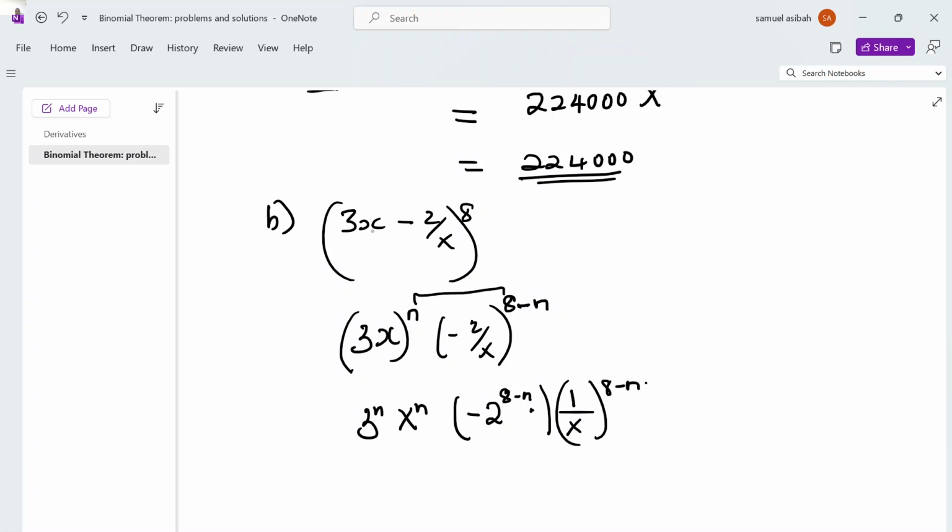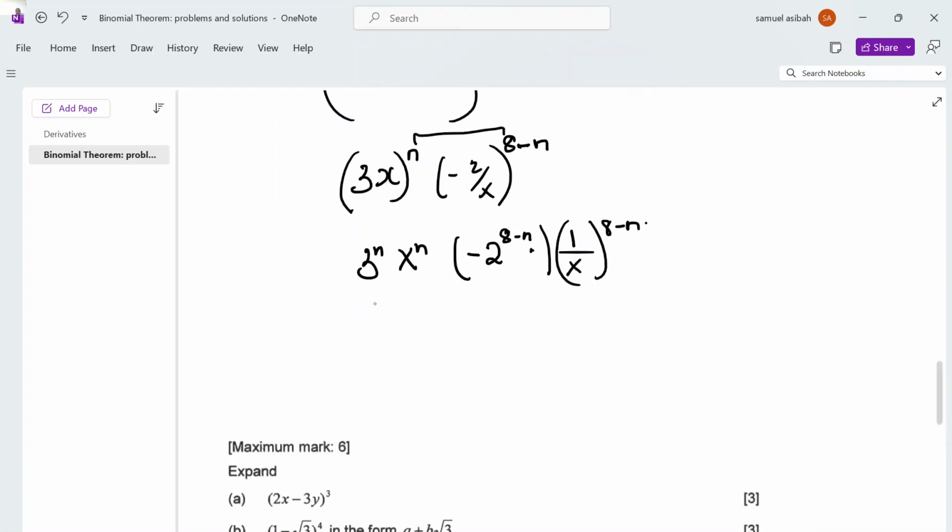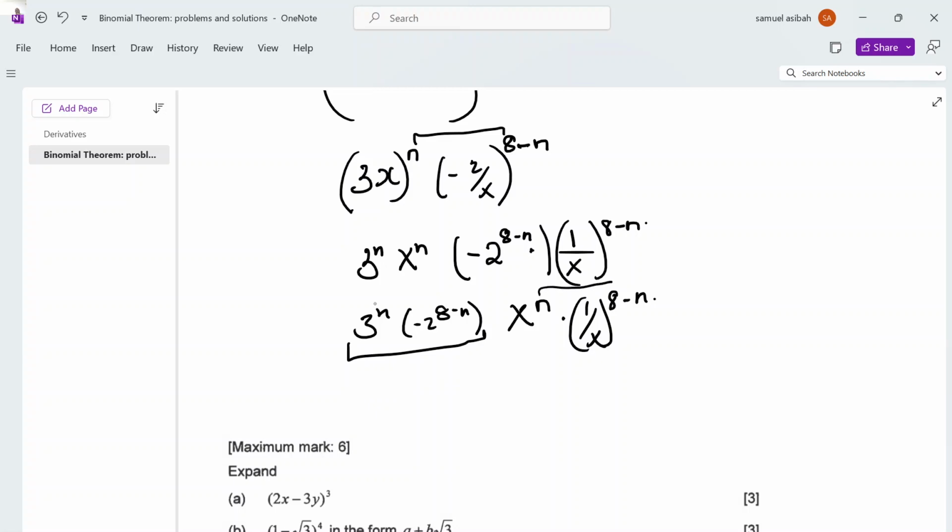You can bring this together, multiplied by negative 2 to the power 8 minus n, but what we are interested in is 1 over x raised to 8 minus n. To remain with a constant here, this power has to be subtracted to 0, or when you subtract them you get 0.